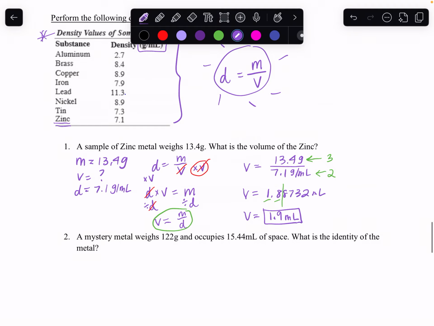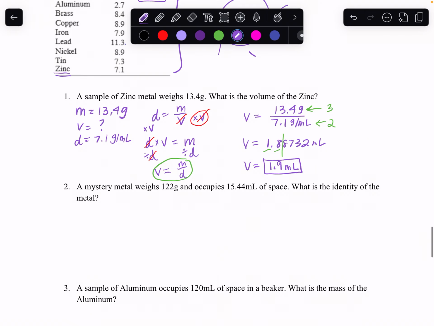So a problem like this would want you to solve for density, okay? So that's what we're going to do. Write down what you have. I know my mass is 122 grams, and it gives me a volume of 15.44 milliliters. I have no idea what my density is, but that will help me determine the identity of the metal. So, I have a density equation.